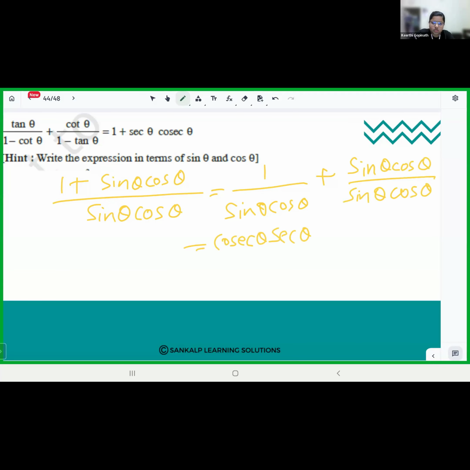Plus what is the value of this? 1, right? So we have obtained 1 plus sec theta cosec theta. We can rewrite this like this, right? Cosec theta into sec theta is the same as sec theta into cosec theta. So what is this? It is nothing but RHS. All right, so we have proved that identity also. I hope it is clear to you all.